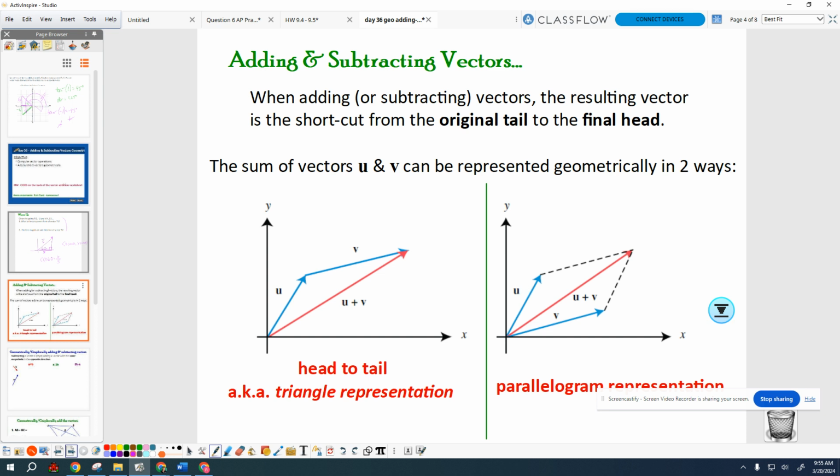Now you need to be able to add vectors graphically. So maybe you were swimming in the ocean and the ocean had a current that was pushing. Where you really end up is the red line. So, methods of adding.